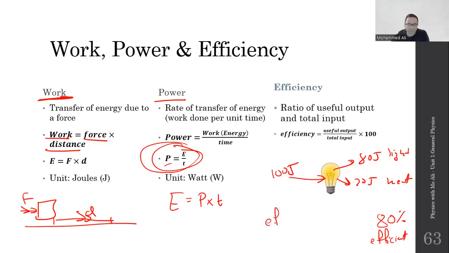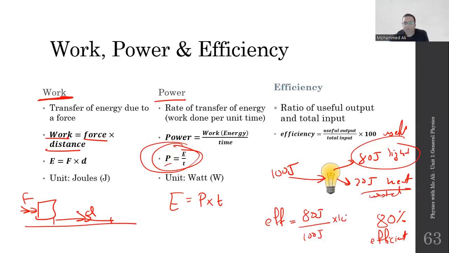So what do I mean? Efficiency is the useful output, so 80 joules. That's the useful stuff. The heat is considered wasted energy. I don't want heat, I just want light. So 80 joules divided by 100 joules times 100. So it's 80%. So 80% is useful. This means we've wasted 20%.